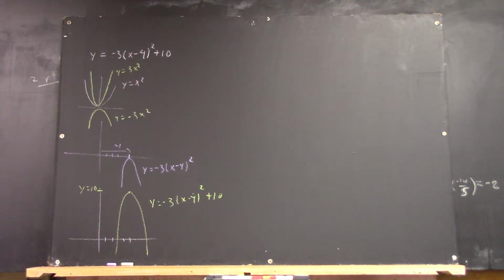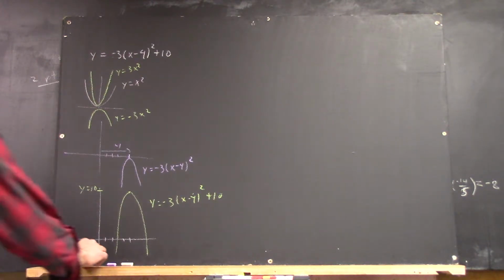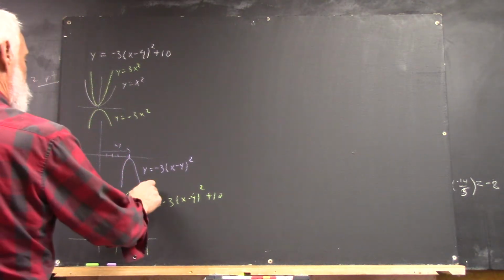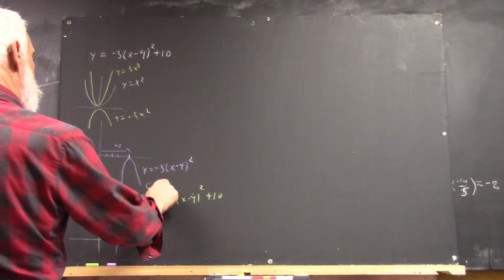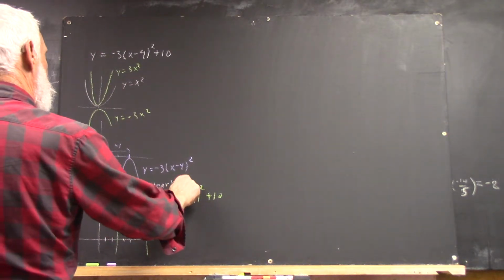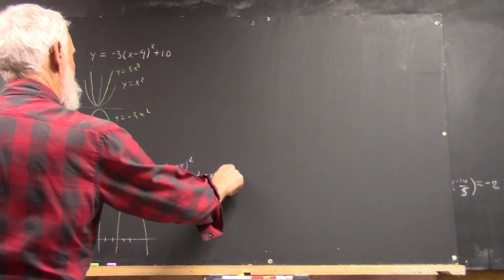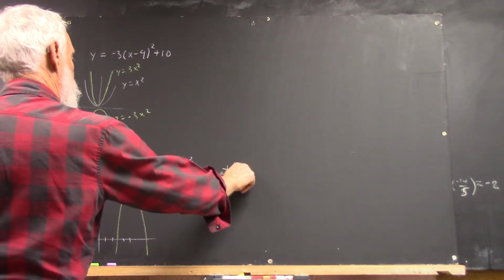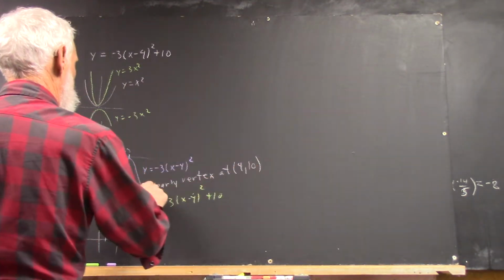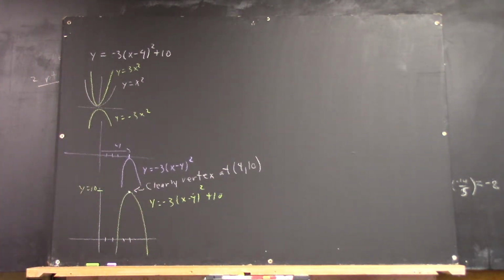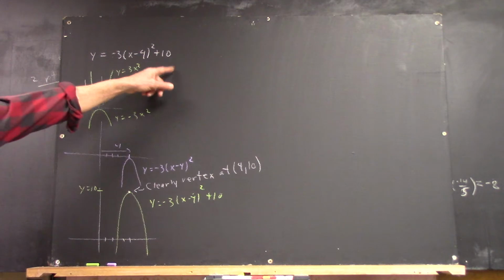Let me make sure I write that down. It has a vertical shape like that, and clearly the vertex is at (4, 10). Now, once you get familiar with this, you can see that just by looking at the equation.